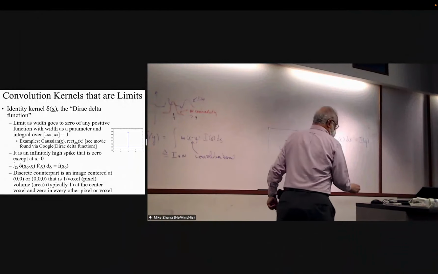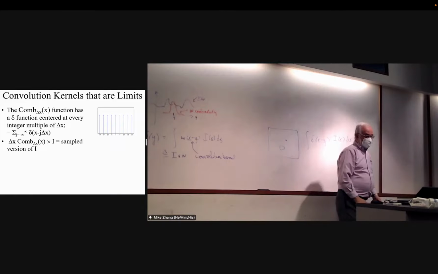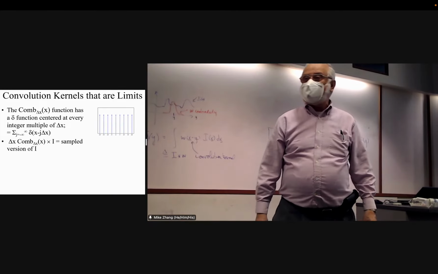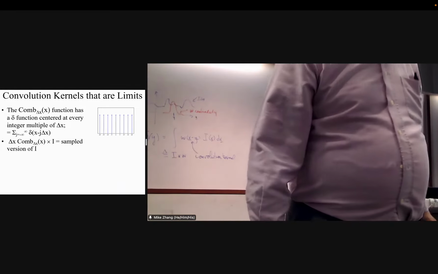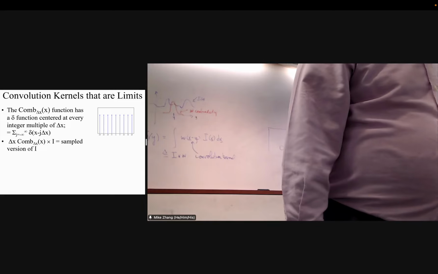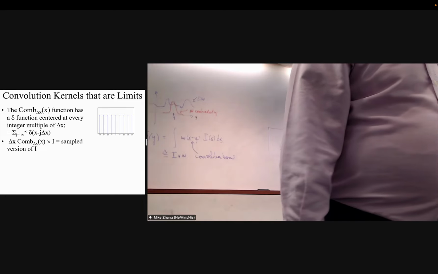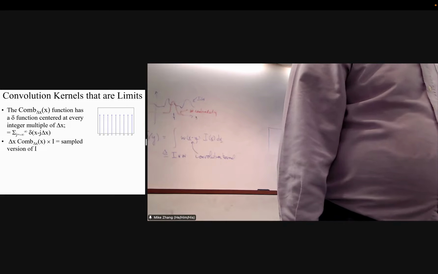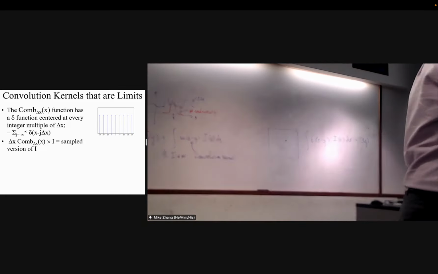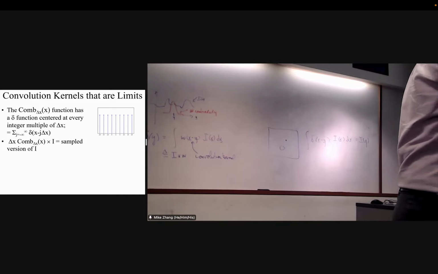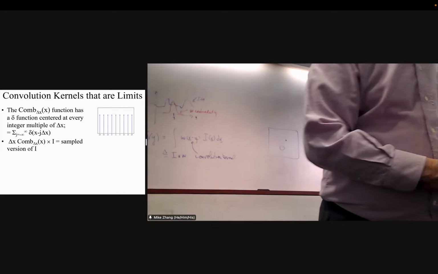Okay, so that's what we're going to be doing in one dimension. We're going to be sampling at all the pixel positions. That is to say, we're going to have a delta at each pixel center. Okay, and that function, you may not be too surprised, is called the comb function. Right? It's just got a delta function centered at every integer position.